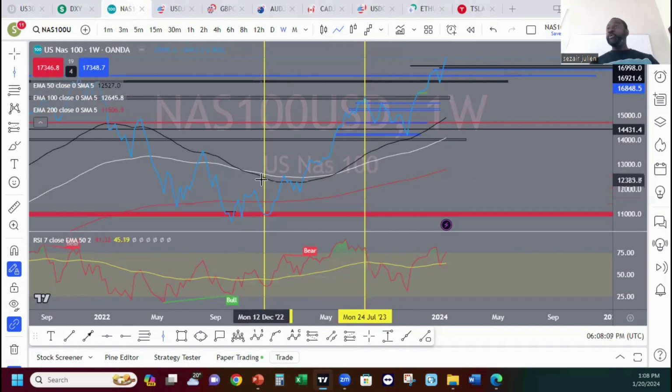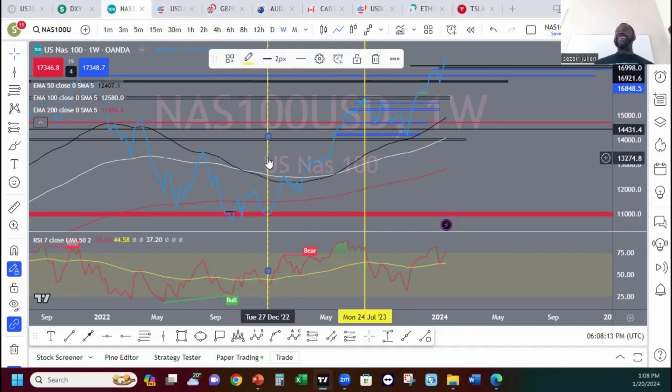Okay, so we are looking at a line chart for Nasdaq 100, and now we can see from Tuesday. We know now the bottom of this screen, this is the x-axis, representing time, and on the right hand side, this is the y-axis, representing the price.